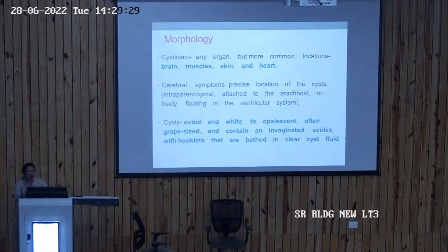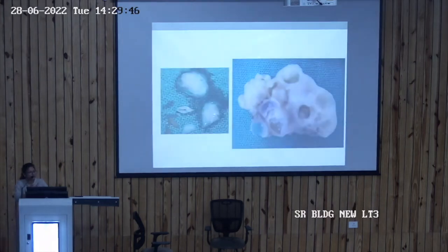How do the cysts look grossly? They are ovoid and white to opalescent, often grape-sized, and contain an invaginated scolex with hooklets, bathed in clear cyst fluid. I'll show you the picture. They are white, translucent, opalescent structures, and you can see the cystic cavities there.